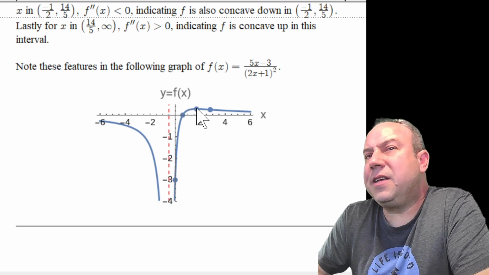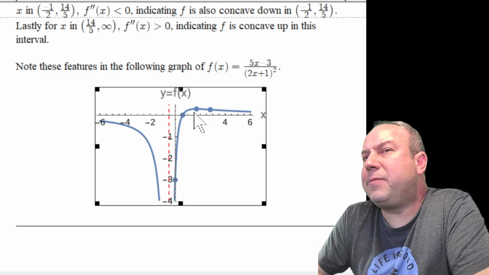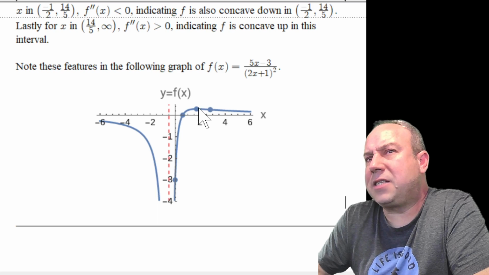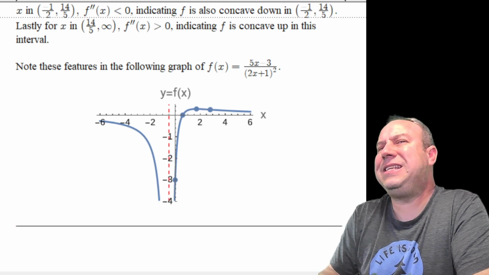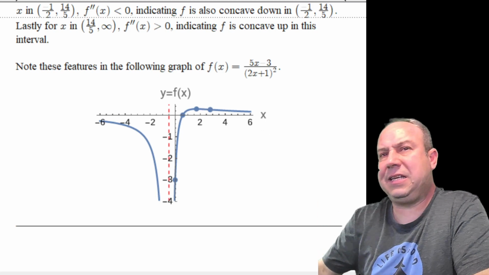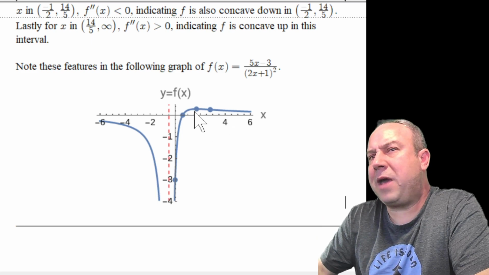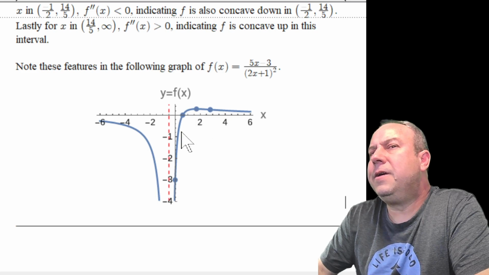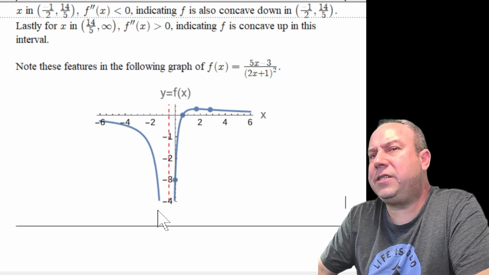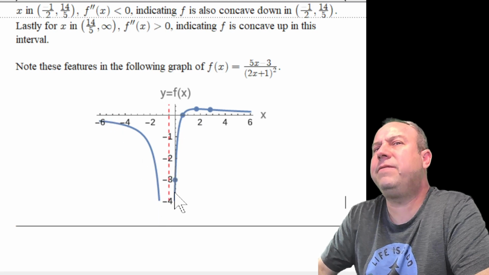So we can see that's right about there is where our x-intercept would be if right here is 1. We had this absolute local maximum value right here at 17/10. That's 1.7. So right there before 2 is where we have that absolute max at 17/10. And you can notice we are decreasing from -infinity up to -1/2.